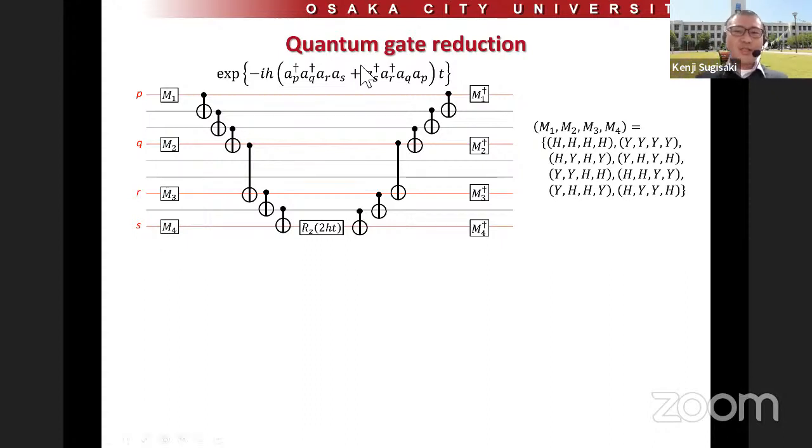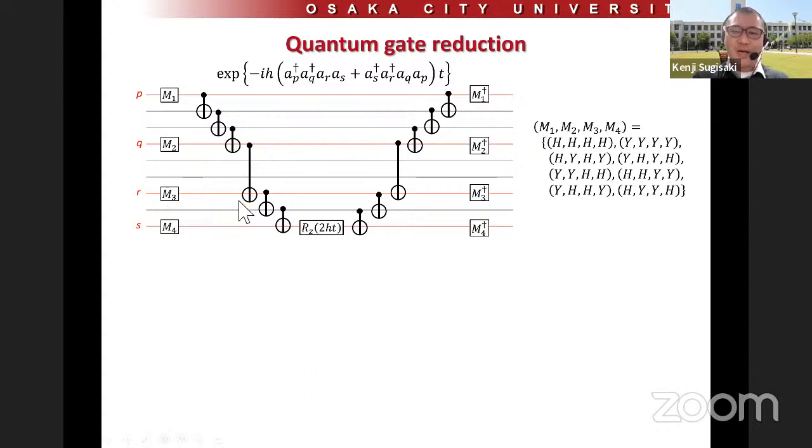So basically, this operator corresponds to two electron excitation. Applying this kind of operator to, for example, 0, 0, 1, 1, we can obtain some linear combination of 0, 0, 1, 1, and 1, 1, 0, 0. So the occupation can be changed. But these three qubits affect only the phase.